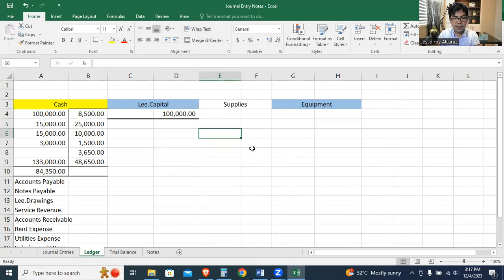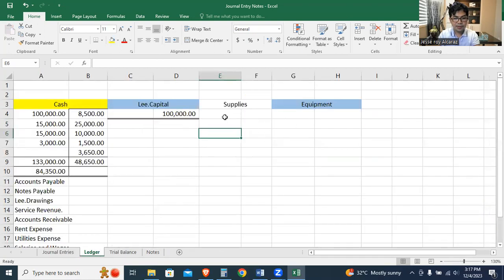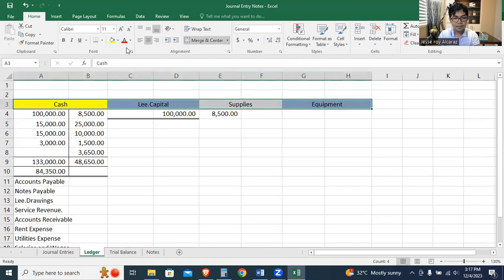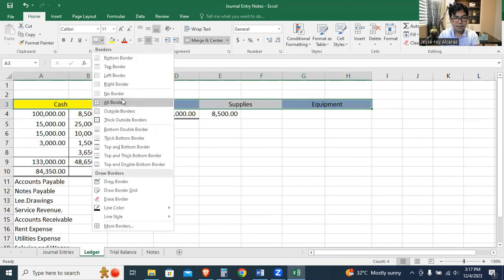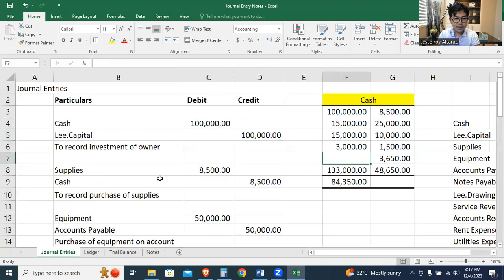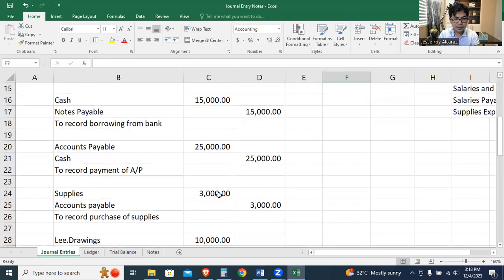Then we have supplies. Supplies, 8,500. Then, kabilaan supplies sa baba. I think na 3,000 debit.